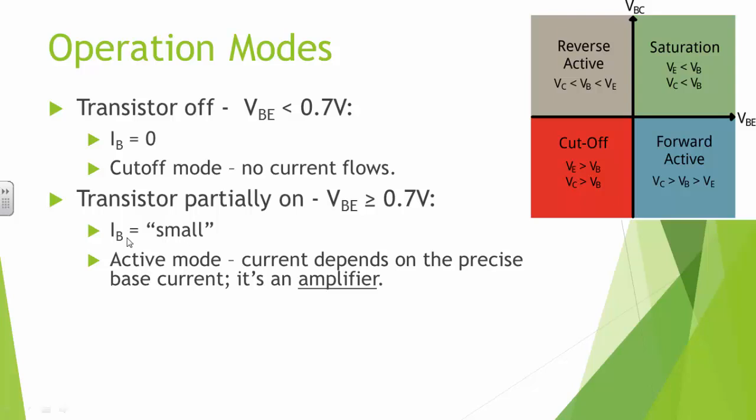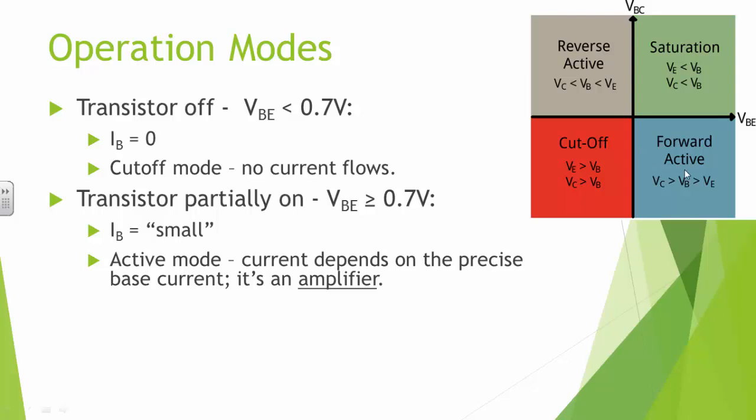Proportional increases in the base current give us proportional increases in the collector-emitter current, so it functions as an amplifier. If we double the current to the base, we double the current through the transistor. And this is forward active mode.